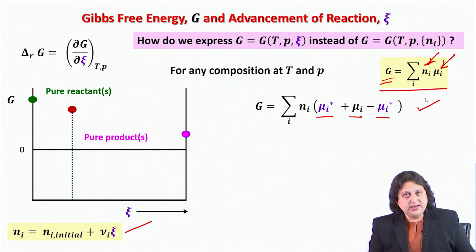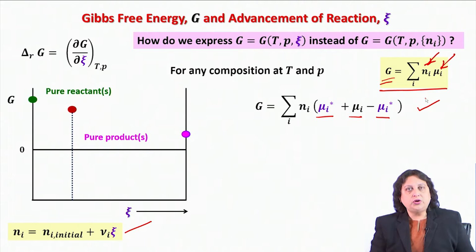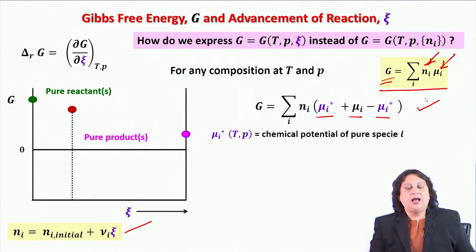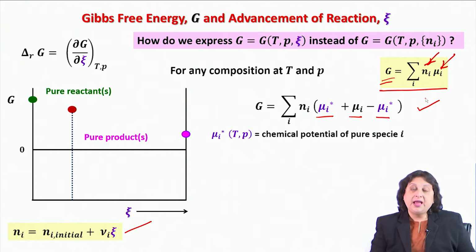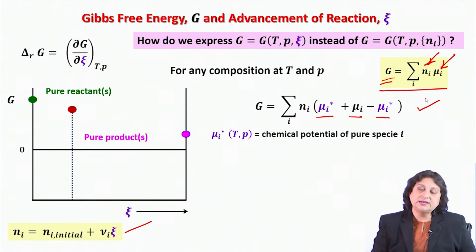Now with this formula, let me remind you what mu I star is. Mu I star at a given temperature and pressure is the chemical potential of the ith component at the given temperature and pressure, had it been present in the pure phase.